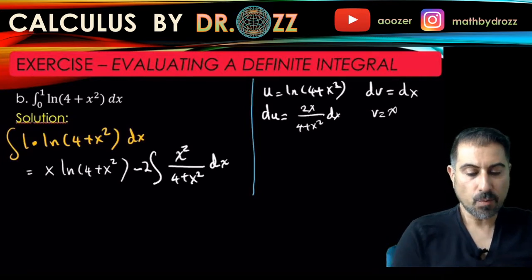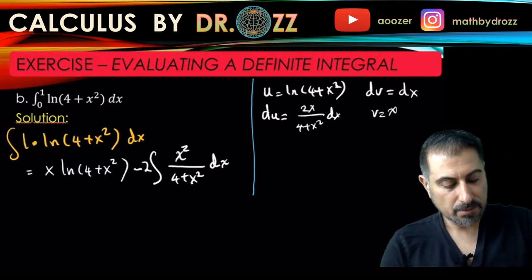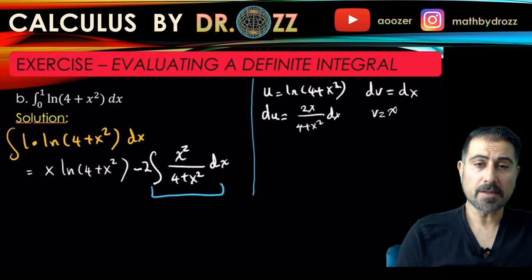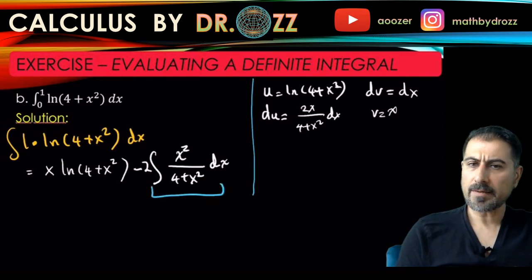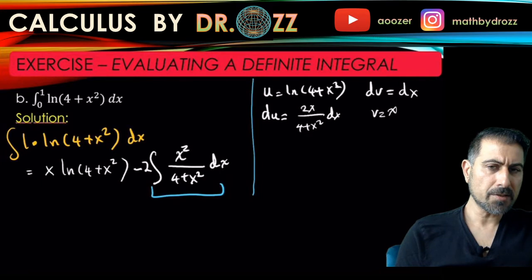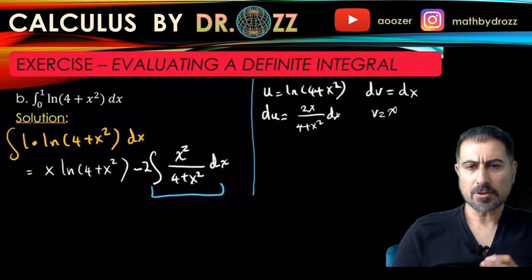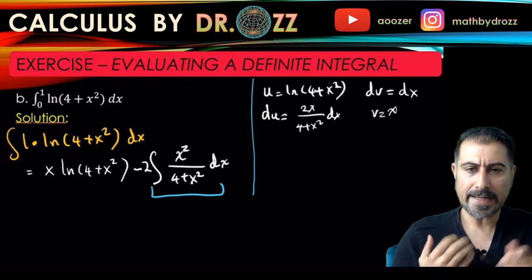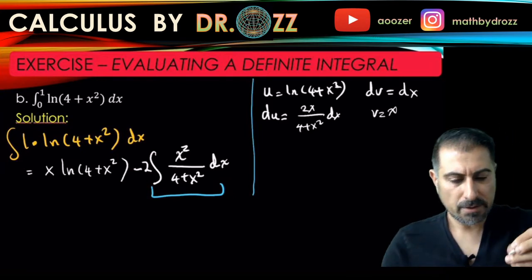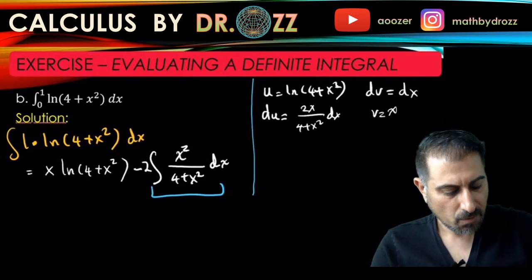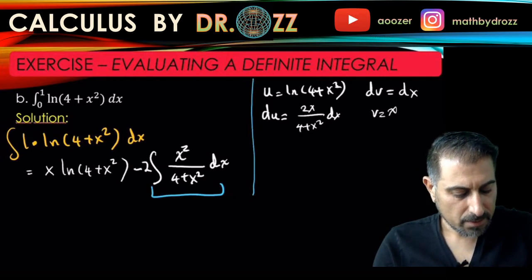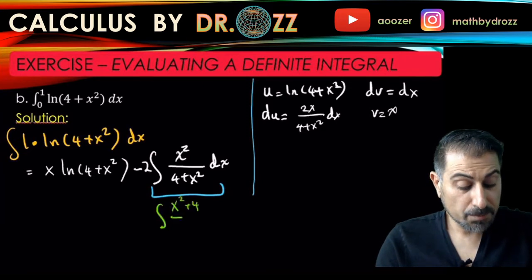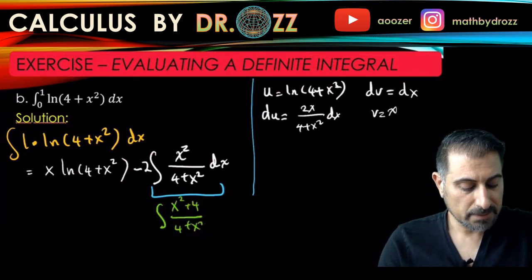Let's think about what we can do for the second integral. You have an x squared term here and another 4 plus x squared at the bottom. So we may apply some algebra here because the top and the bottom are like terms. I may make the top look like the bottom by adding and subtracting a constant. Why don't we add 4 to the top and subtract 4 as well, and split the fractions.